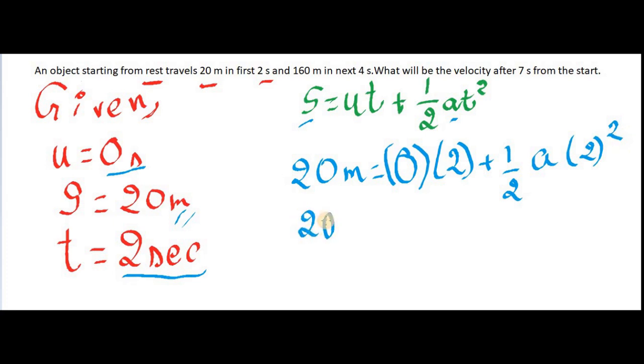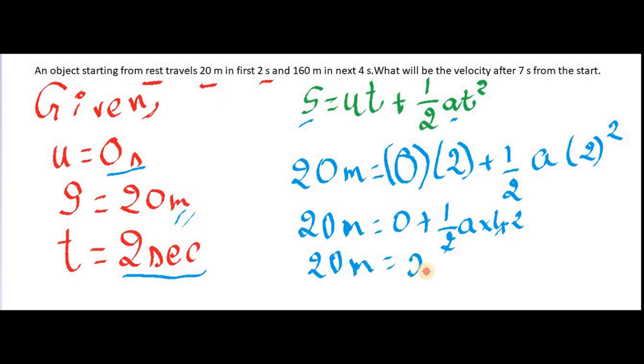It would be 20 meters is equal to 0 plus half a into 4. So we can cancel them out, 2. And then it would become 20 meters is equal to 2a.